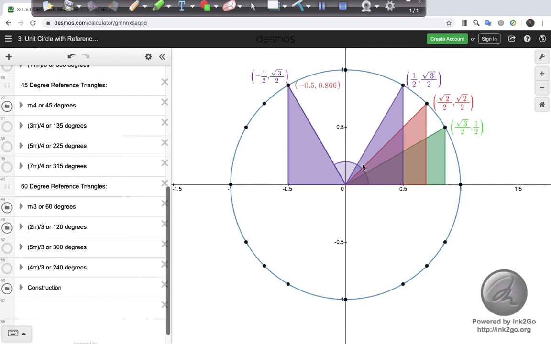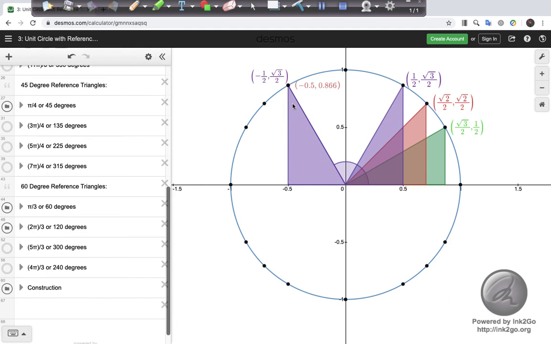And if you think about the amount of rotation, I've gone 120 degrees, so it means another 60 degrees would take me to the x-axis to complete this 180 degree or pi radians of rotation. So essentially this purple triangle here is congruent to the one in the first quadrant.